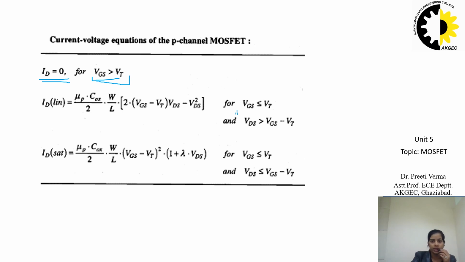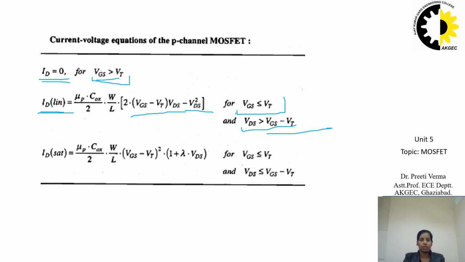And if VGS is less than or equal to VT and VDS is greater than VGS minus VT, then the device will operate in linear mode of operation and the current equation will be given as mu P Cox by 2 multiplied by W by L multiplied by 2 VGS minus VT multiplied by VDS minus VDS square.